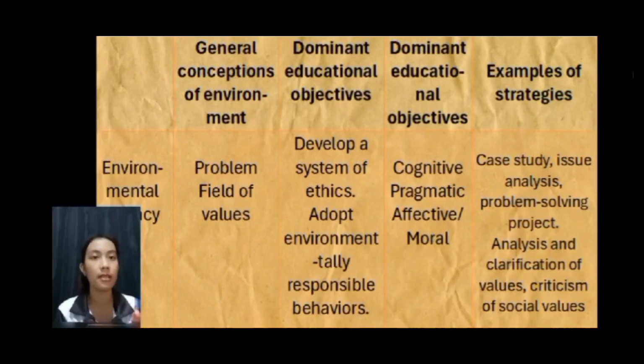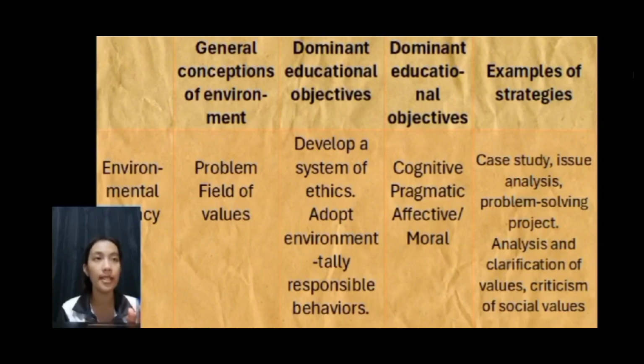The general conception of environmental literacy is the problem field of values. So what do we mean by the problem field of values? When we say field of values, it refers to the range of perspectives, beliefs, and values that individuals hold regarding environmental issues.